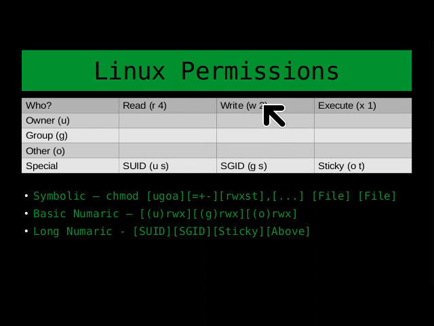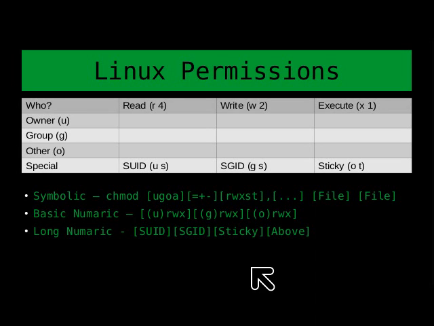That's where we have our number here. But set group ID, we would add 2. And set our sticky bit, we're going to add 1. Add up whatever ones you want in here. So add 4, add 2, add 1, as you choose that you want these different features.